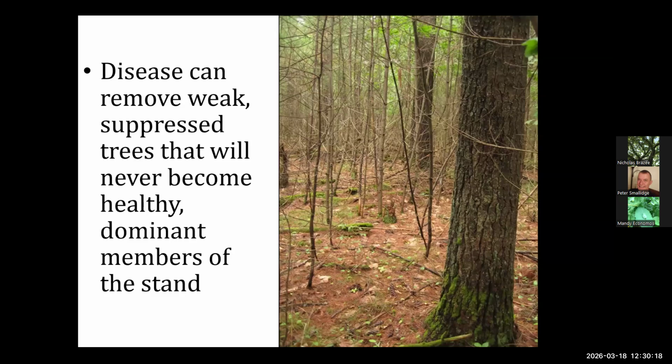They're never going to make their way up into the canopy. And so armillaria will take care of them. Armillaria will wipe these trees out, these trees that never have a chance to make it up into the upper canopy, and it'll recycle that material back into the soil. So again, it's a beneficial side. We often view armillaria in a negative light, but in reality, it's very beneficial for recycling and taking out weak and suppressed trees from our forests.